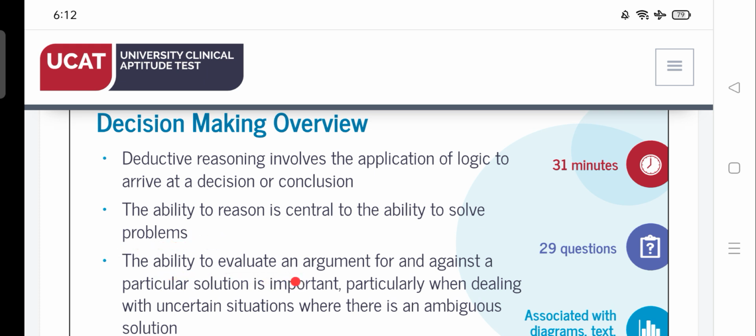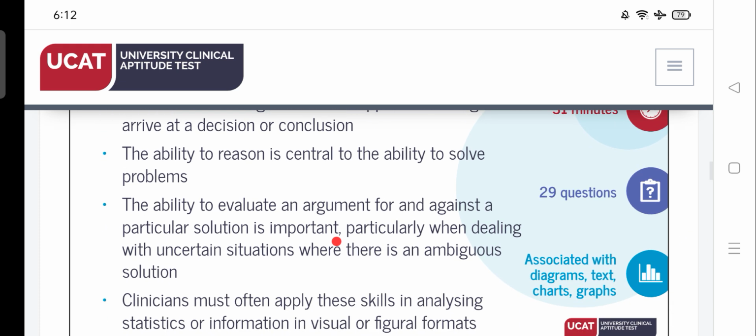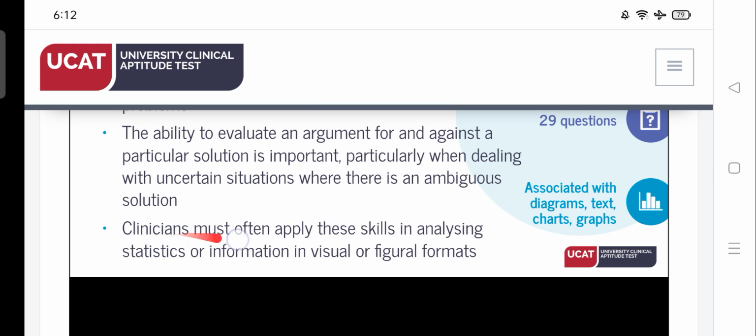The ability to evaluate an argument for and against a particular solution is important, particularly when dealing with uncertain situations where there is an ambiguous solution. Clinicians must often apply these skills in analyzing statistics or information in visual or figural formats.